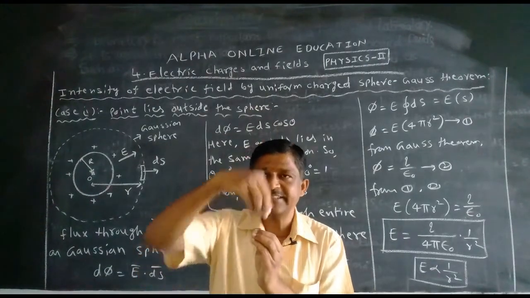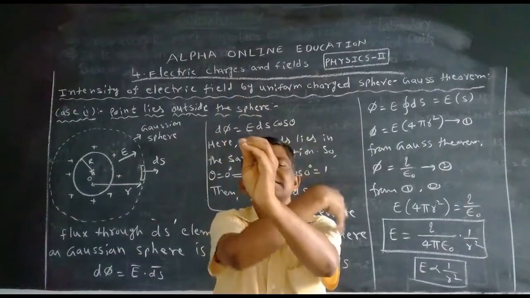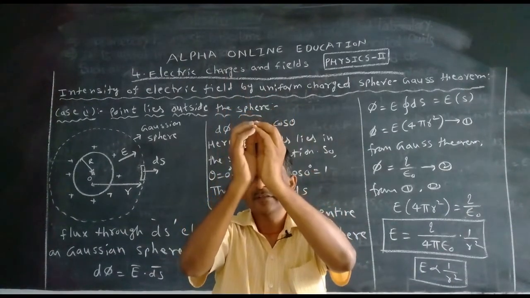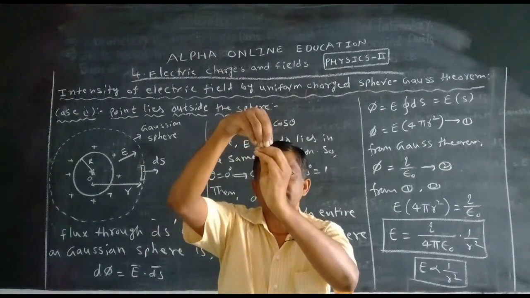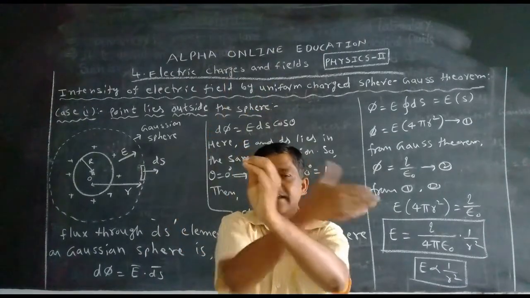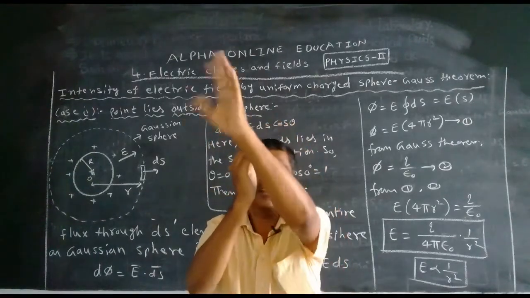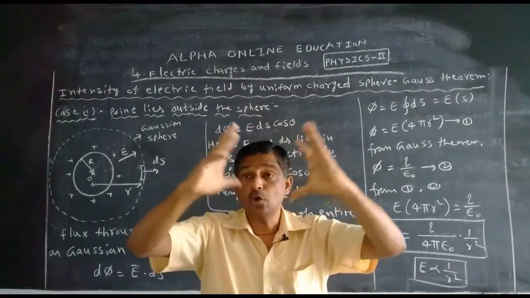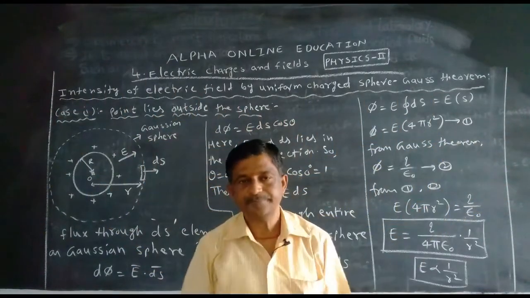So the electric lines act in this direction, in this direction, in all directions. Electric lines of force spread in all directions. So it indicates a uniform electric field.